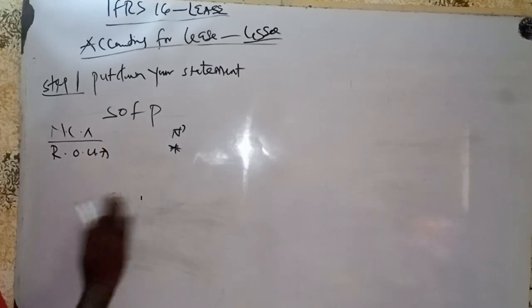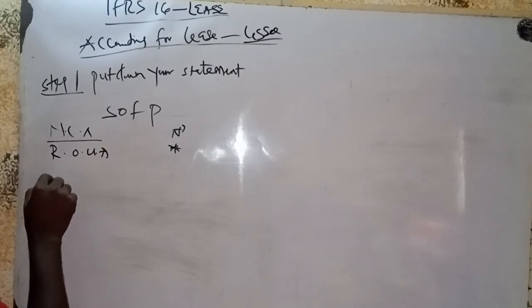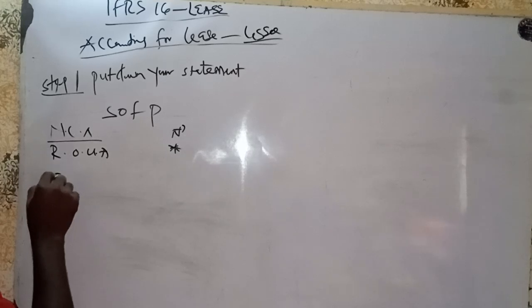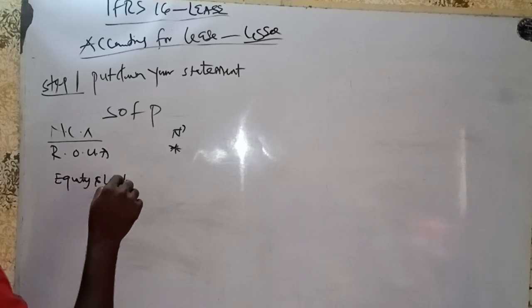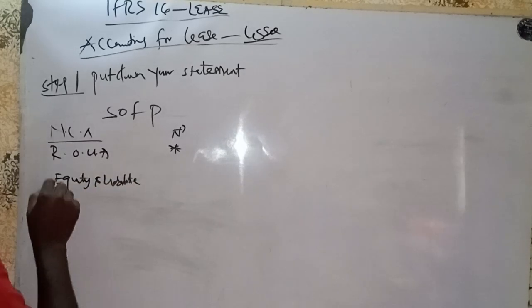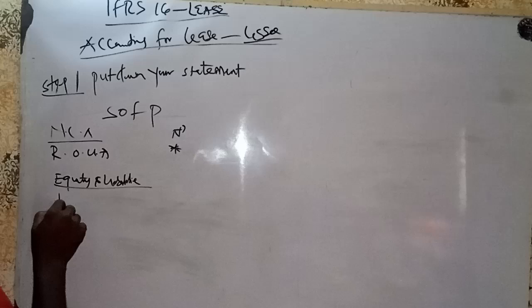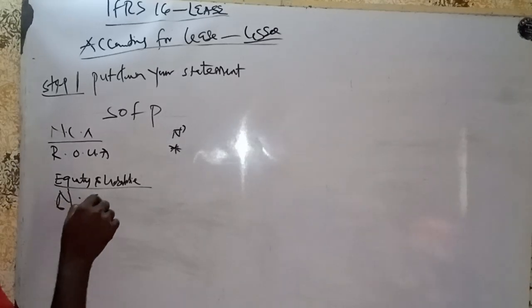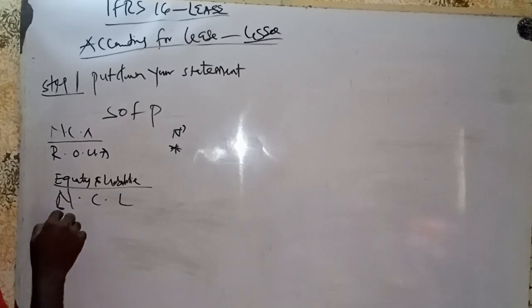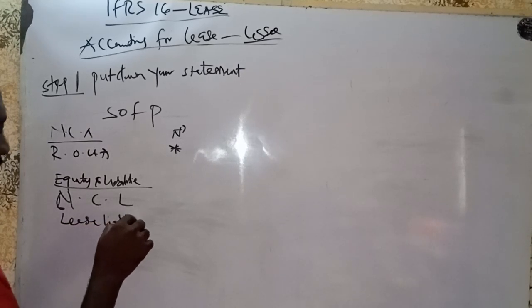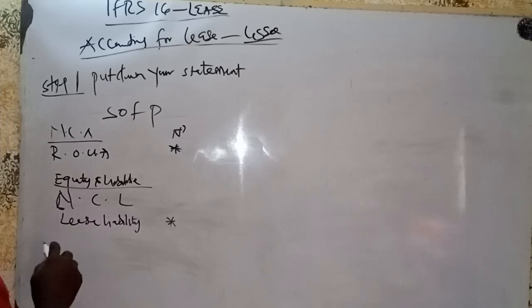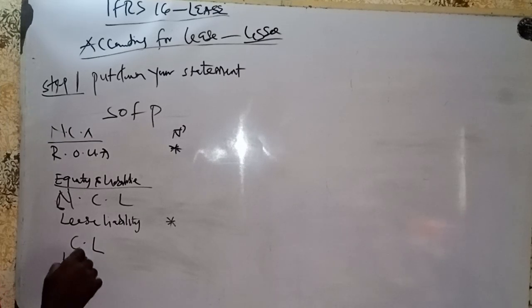Then you now have equity and liability. Under here, we put down the non-current liability, the lease liability, and then under the current liability, you put down another lease liability.